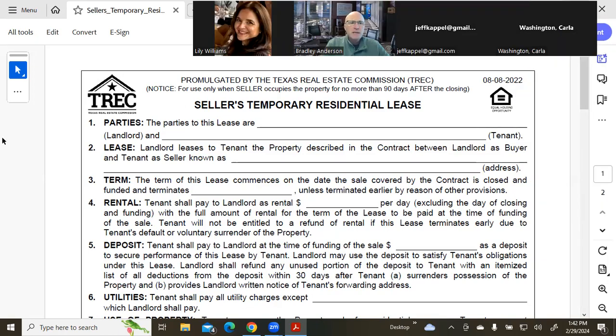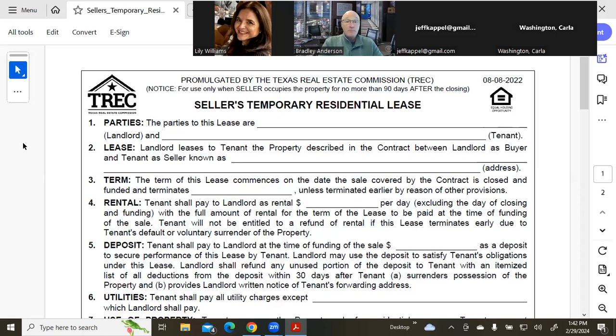Well, you'd use this if you represented the buyer and the home they were going to go buy, that seller needed a couple of extra days after closing to move out. Now, a year and a half, 2 years ago, these were extraordinarily common because homes were flying off the market and the seller selling their home had nowhere to go. And so you'd see lease terms for 30 days.